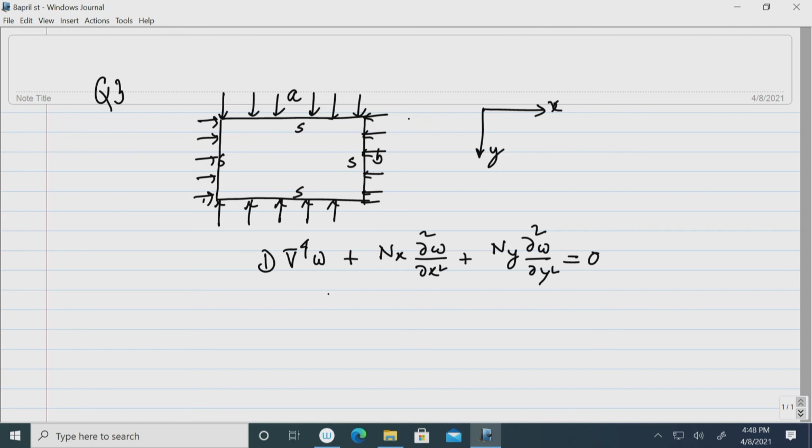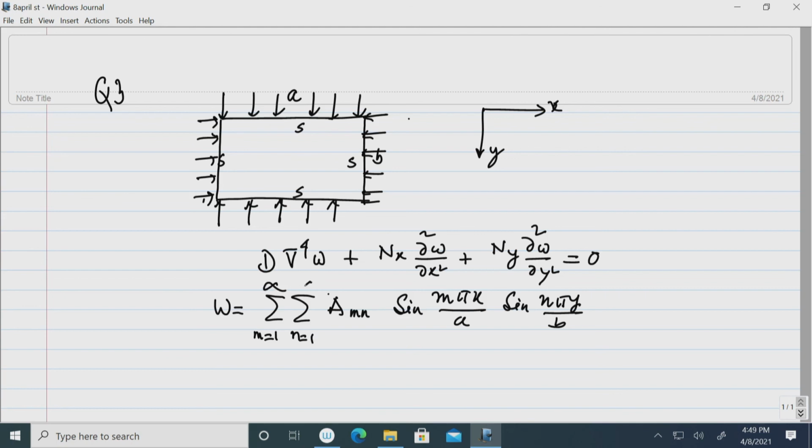Now, for this plate which is simply supported on all edges, we use this Navier series. And m and n are integers, which may vary from 1 to infinity.